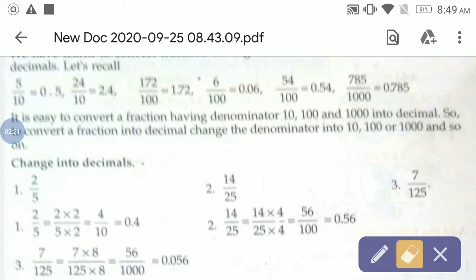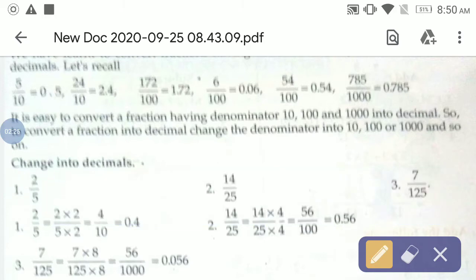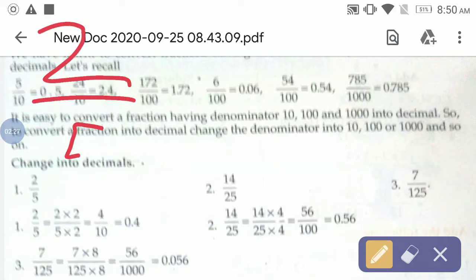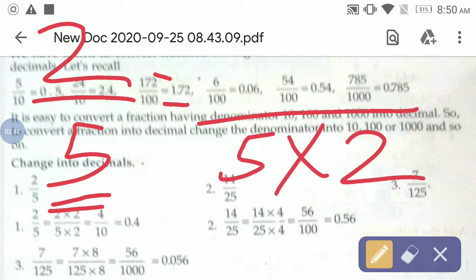As it is 2 upon 5, what we have to do? You have to convert this 5 in such a way that you will get the denominator 10 or 100 or 1000. So it's better to convert this 5 into 10 if we just multiply it by 2.